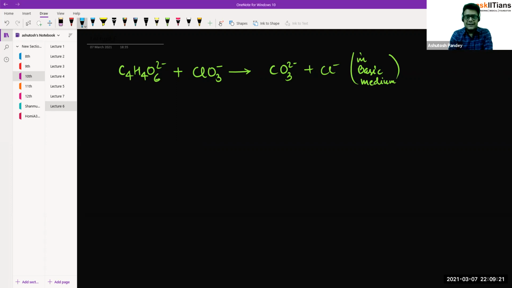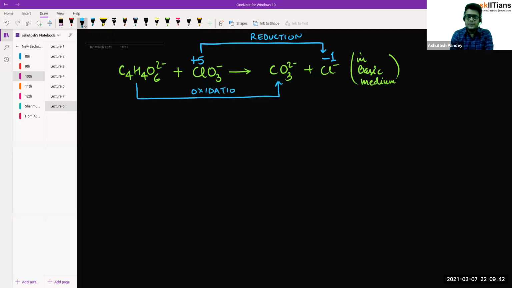Here we can say that chlorine has an oxidation number of plus 5 here, and minus 1 here. So it means that this is reduction, and obviously the other will be the oxidation part of the reaction. Now there are two methods of balancing a redox reaction.